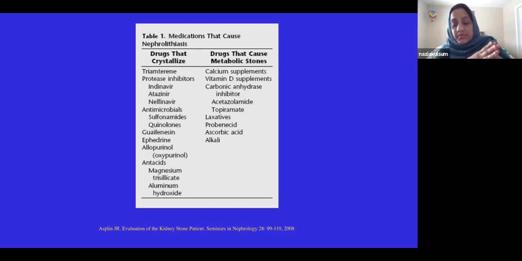I have kids who even say that that's all they drink throughout the day, they don't drink any water. So it all depends on the intake. Calcium pills or Tums or your vitamin D supplements definitely have higher amount of calcium. So you have to look at the daily required intake, DRI, of calcium. And if it is more than 2000 milligrams, then yes, it could be one of the factors causing kidney stones.